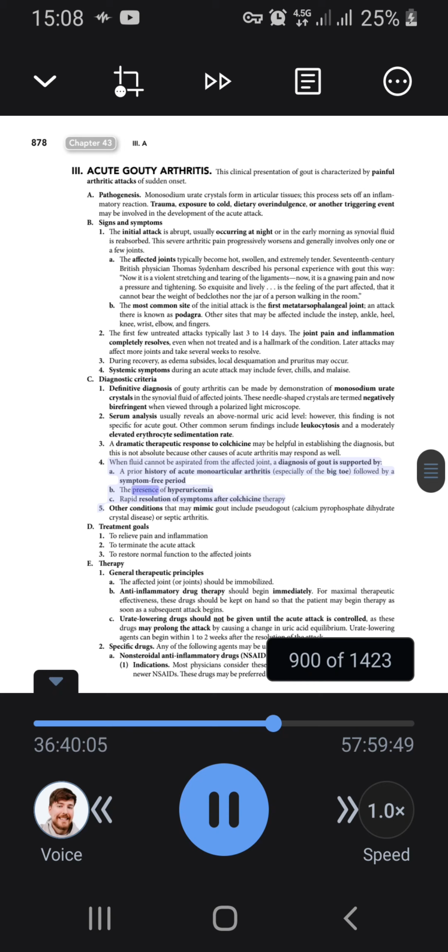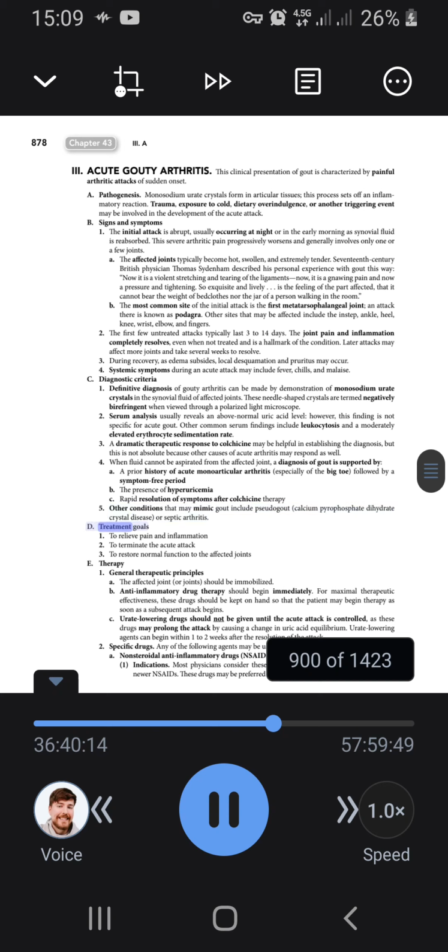B. The presence of hyperuricemia. C. Rapid resolution of symptoms after colchicine therapy. 5. Other conditions that may mimic gout include pseudogout, calcium pyrophosphate dihydrate crystal disease, or septic arthritis.